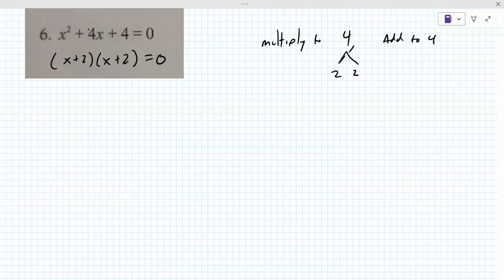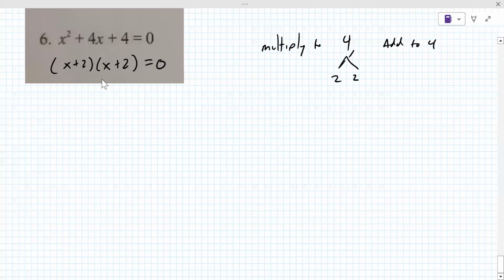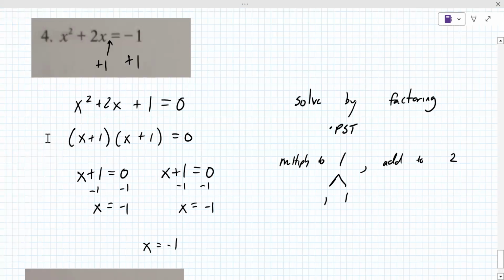Equals 0. Okay. And then will we do FOIL? You don't want to go backwards. What did we do in the previous problem? We're at this line right here.